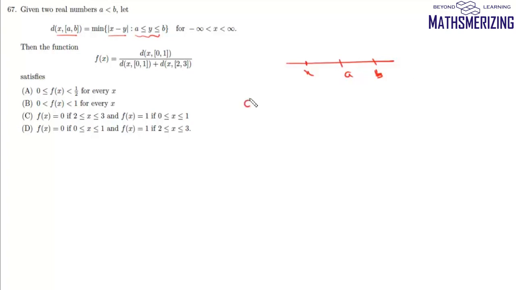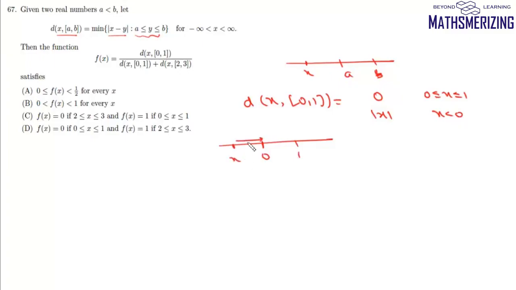So when we have d(x, [0, 1]), we know that it will be 0 if x lies between 0 and 1. It will be mod x when x is less than 0, because the minimum distance is x minus 0. And when x is greater than 1, then the minimum distance is mod of x minus 1.